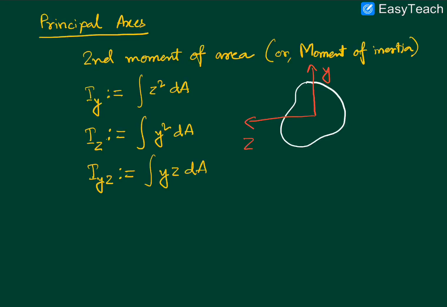I personally do not like this term, the moment of inertia, very much. Not particularly fond of this, because the moment we write something like inertia, I have an intuitive feeling that this must have something to do with the mass. But please note here that this is purely a geometrical property, this Iy, Iz, Iyz, just like the centroid concept.